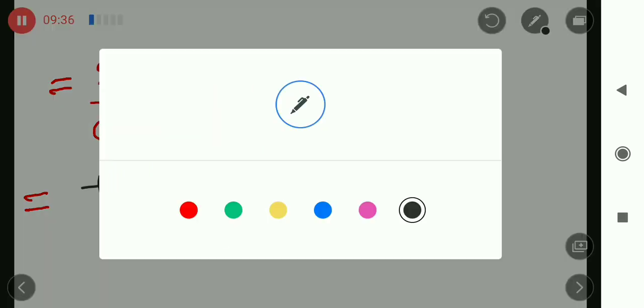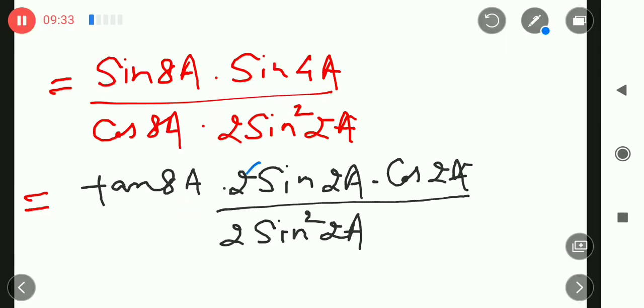Okay, so 2 and 2 cancel, and of sin 2a, only one square is cancelled.